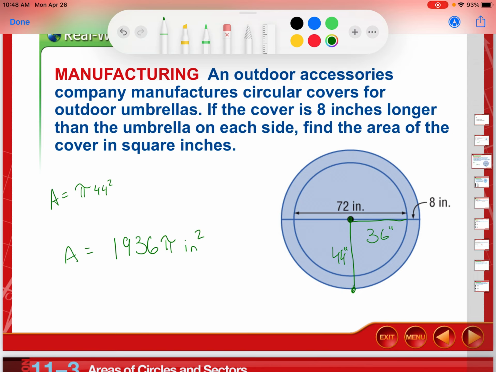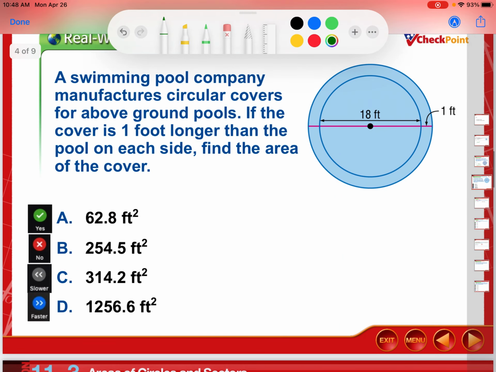I would leave my area like that. If you wanted, you could multiply that out and then round, which would be about 6082.12 inches squared. I usually leave it in pi, but you can multiply it out if you so choose.